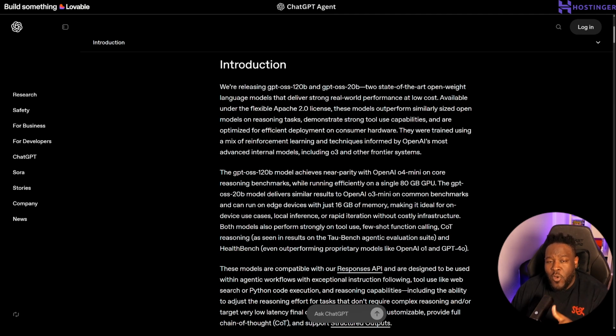Basically what this blog is stating is that they're releasing these two state-of-the-art open weight models. Okay, keep in mind, these are all available under a flexible Apache 2.0 license. What does that mean for some of you? Well, that means that you as the consumer, you as the individual can download these models and put them on your own hardware.